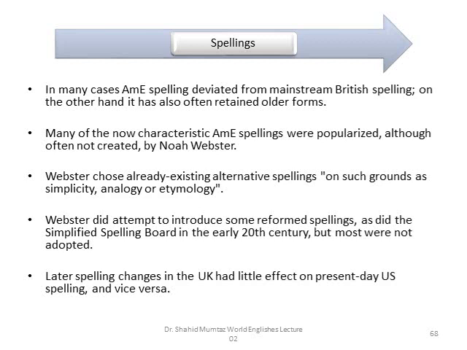So, I mean, the latest changes in the UK spelling had not affected the present US spelling. And the same with the changes in US spelling; they have not affected the UK spellings either.